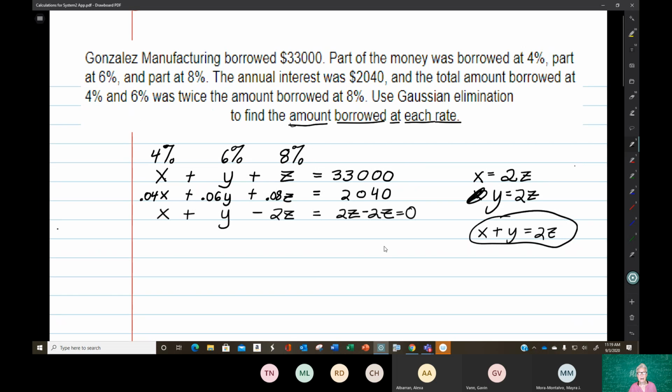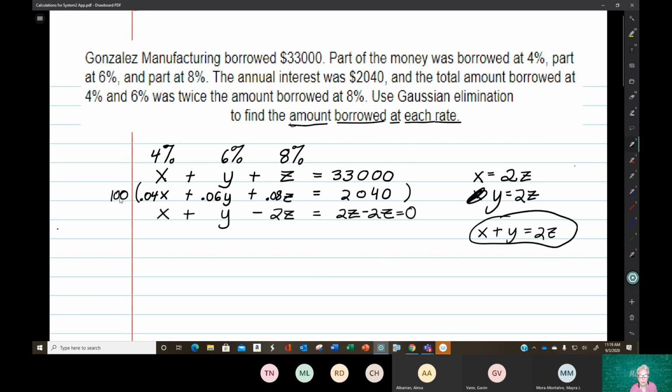Now there's something else I can do to make life easier as well. I could multiply every number by 100 in order to get rid of the decimals. And I think I'm going to do that. So I'm going to put parentheses around this and say multiply by 100.